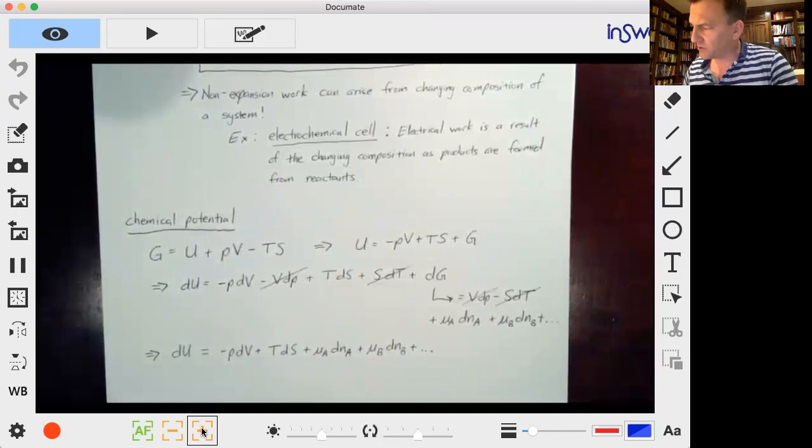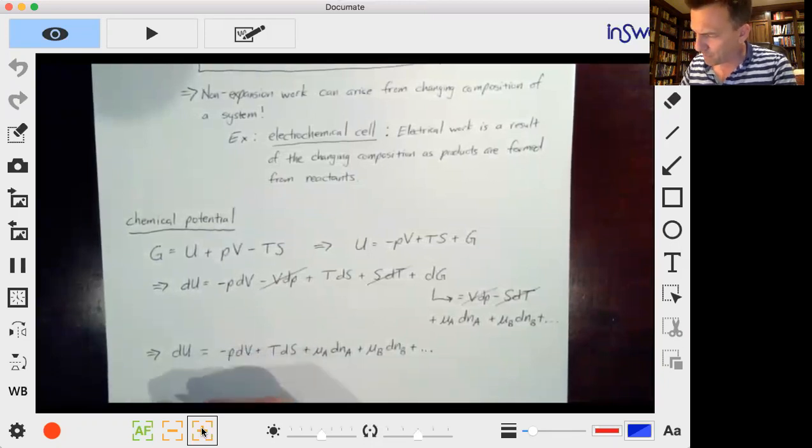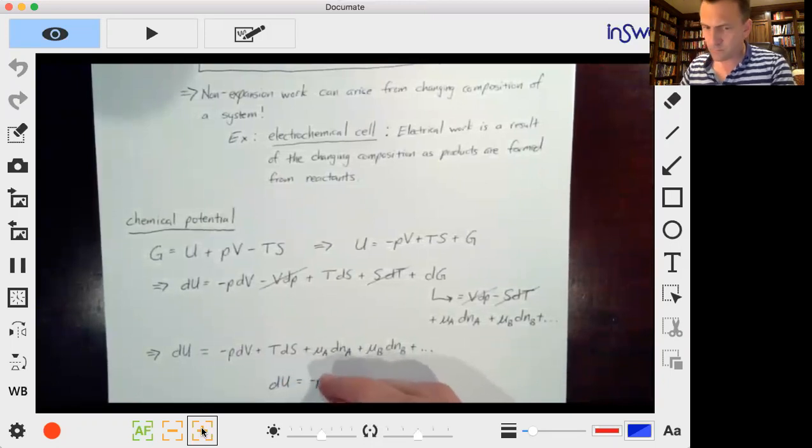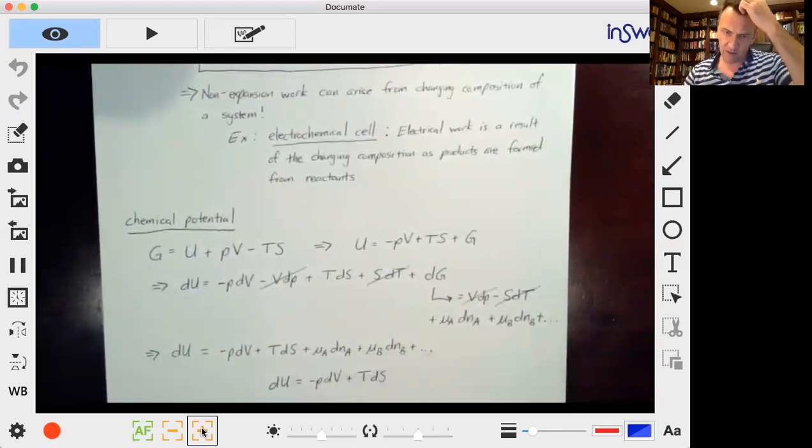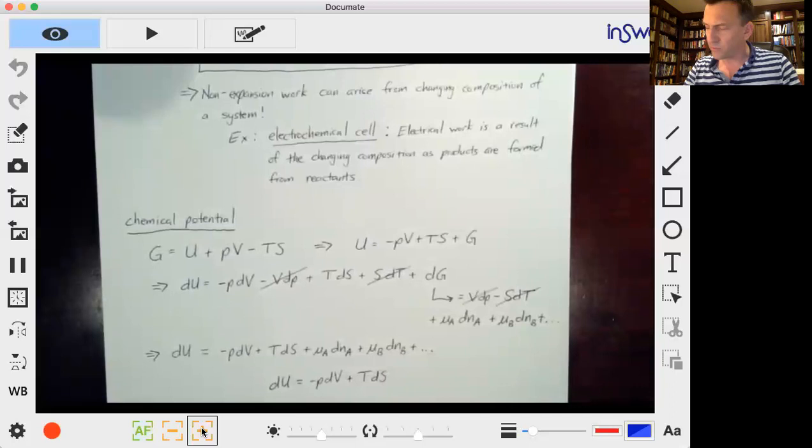And this is very similar to the fundamental equation that we've seen before, which was minus PdV plus TdS. So you can see that this new equation is an extension of our former fundamental equation.